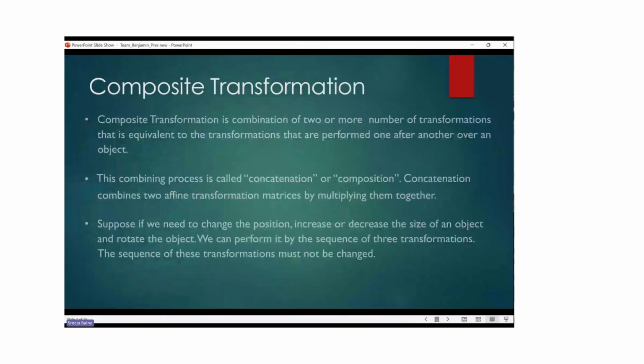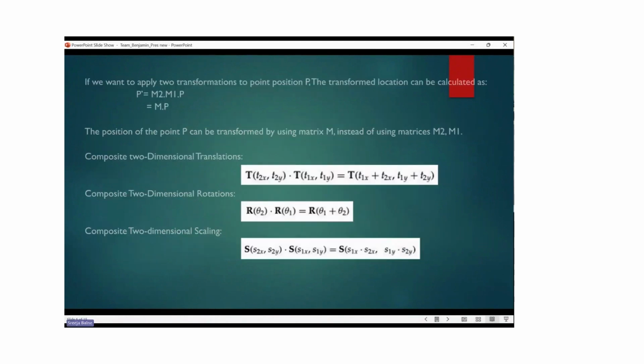Then, is it possible to do multiple transformations at a time? Yes, the answer is yes. In transformations, when we perform multiple operations, it must always be in a sequential order. This process of doing multiple transformations at a time is known as composition or concatenation of transformations. In this process, the order matters much.